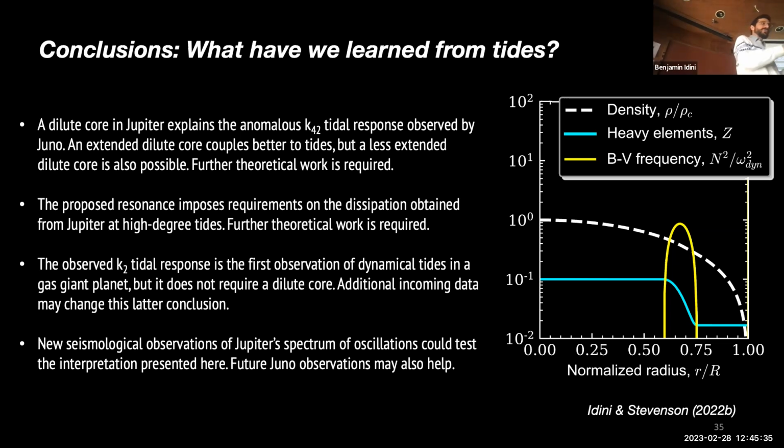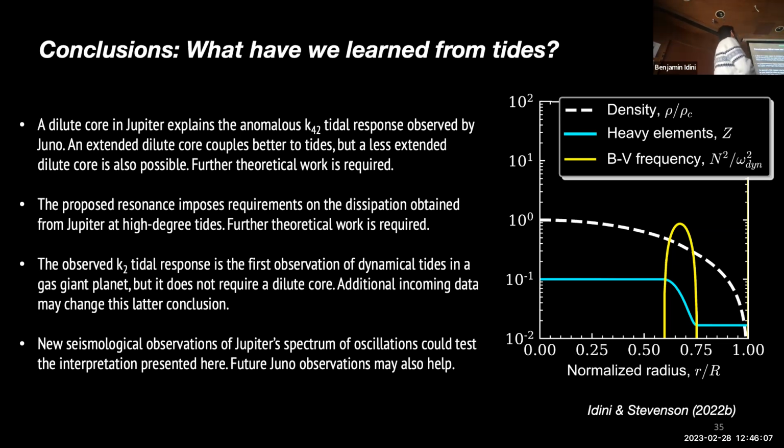Second of all, there is one log number that requires a resonance that can be obtained with certain geometry of the core. The solution is not unique in the sense there is more than one geometry that can obtain that resonance, but there are reasons to think that the structure that we choose is this dilute core extending far out, similar to the gravity observation from the rotation. This is the preferred model.